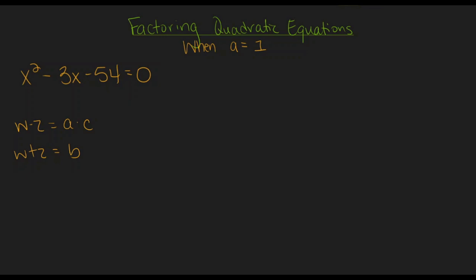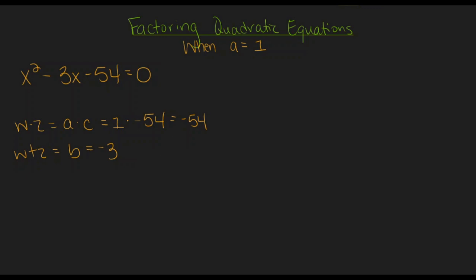So for example, because we have subtraction before B and subtraction before C in our original equation, when we use the values of B and C, we'll treat them as negative values, representing the impact of that subtraction. So that means my A value is still 1, but my C value is -54, and my B value is -3. All right, so we're looking for two numbers that multiply to -54 and add to -3.